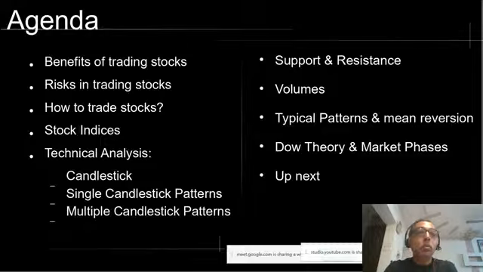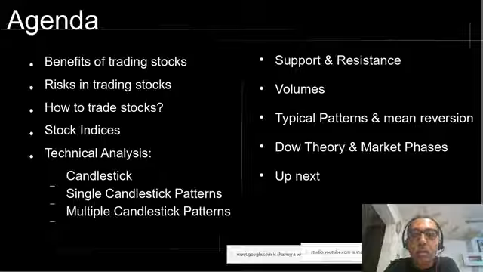So today we will look at what exactly are the benefits of trading stocks, risk associated with it, how to trade those stocks. There are different types of indices, and what is the significance of those indices. Then previously we covered technical analysis, where single candlestick patterns and multiple candlestick patterns, those are basically Japanese candlesticks.